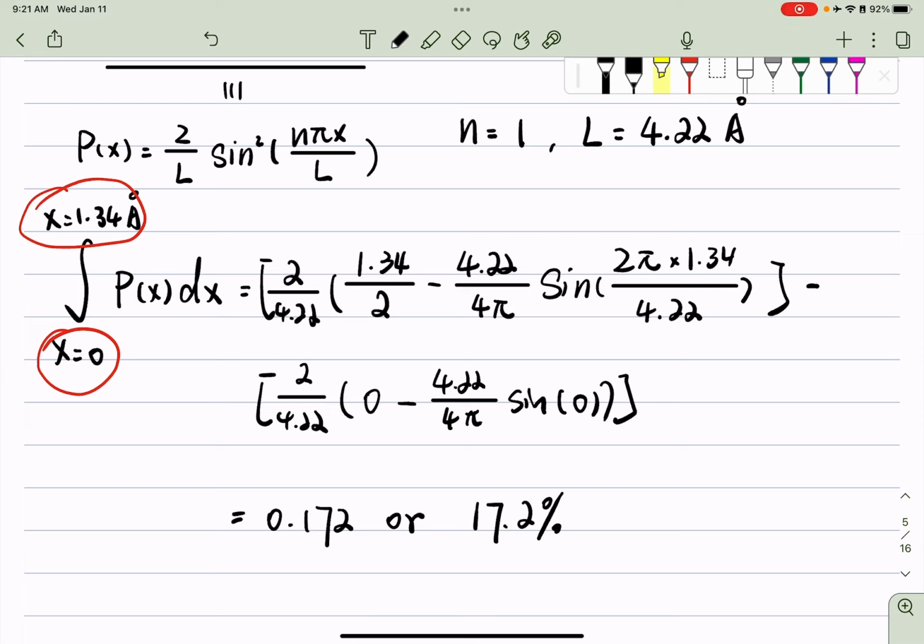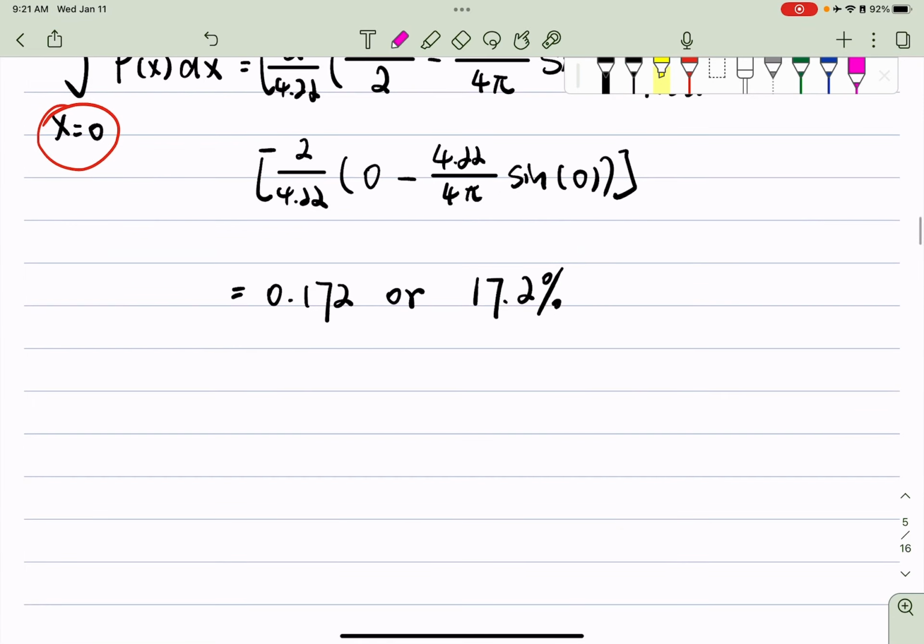And by solving the integral, imagine you have this probability curve, and the total length is 0 to 4.22. But the probability of finding this electron somewhere between 0 to 1.34 is about 17.2%. All right, so that's the physical meaning of the mathematical equation we're solving here. Again, I'm just going to write it down.